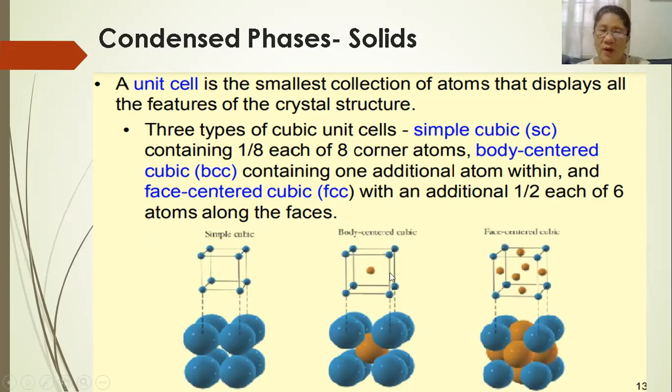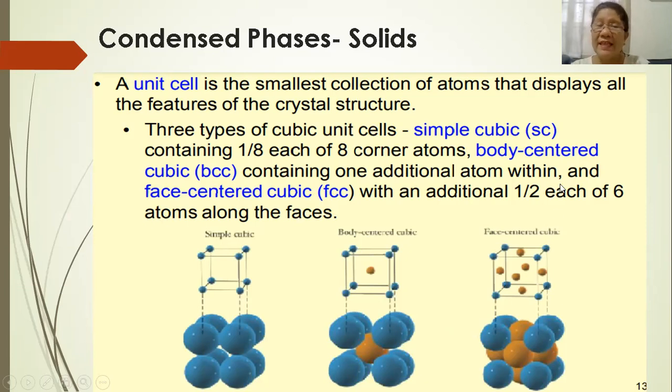While the second one, this picture here, is the BCC. The SC, then followed by the BCC, that is the body-centered cubic, BCC. It contains the same 8, but at the center, it has an additional 1. So 8 plus 1 is 9. And the last type of crystal structure is the FCC, the face-centered cubic.